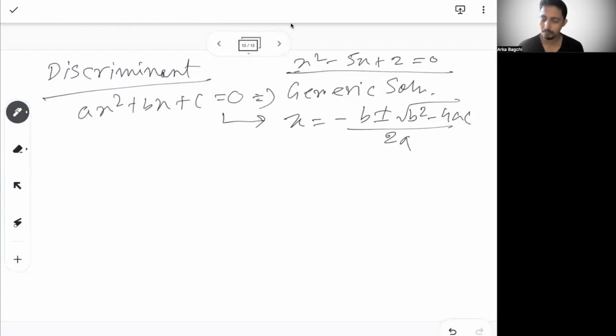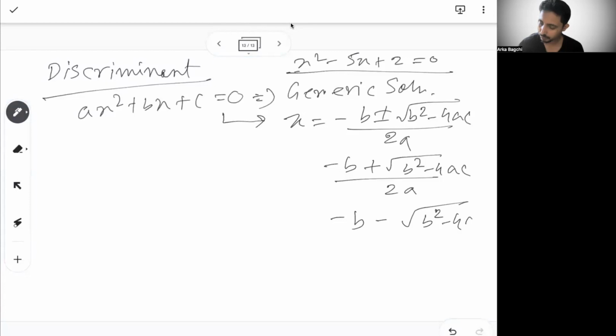Now, you can see there are two roots. One root is minus b plus root over b square minus 4ac by 2a, and the other root is minus b minus root over b square minus 4ac by 2a. So this is root 1, this is root 2. These are the two roots of the quadratic equation.